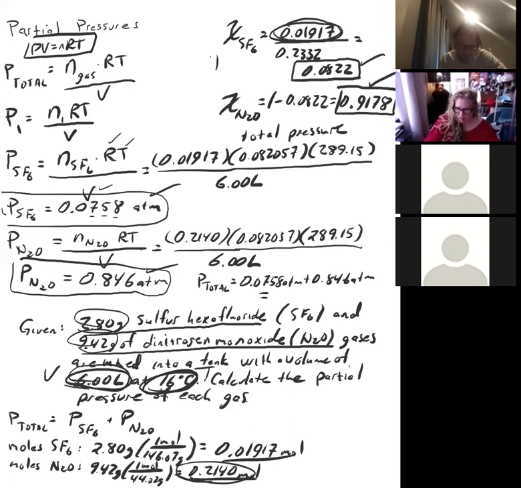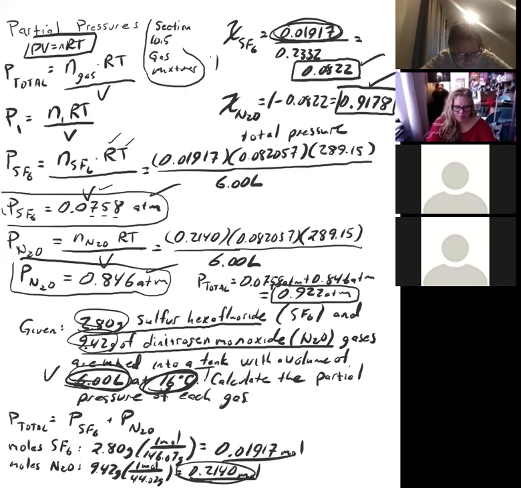Rounding it to 3 sig figs, 0.922 atmospheres. Okay. All right. That, by the way, is section 10.5, gas mixtures. And there you go.